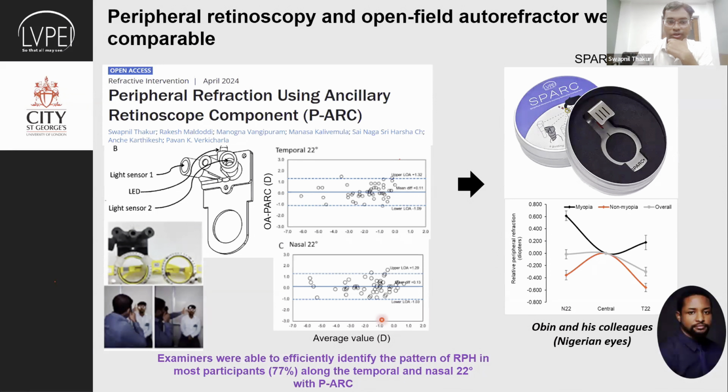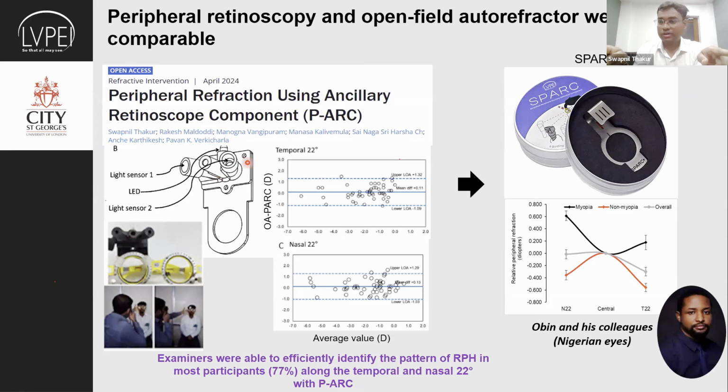So the PARC is an electronic version with three arms. The central arm is for central refraction. The PARC has to be kept in any of the trial lens racks of the trial frame, and each arm has a light sensor.